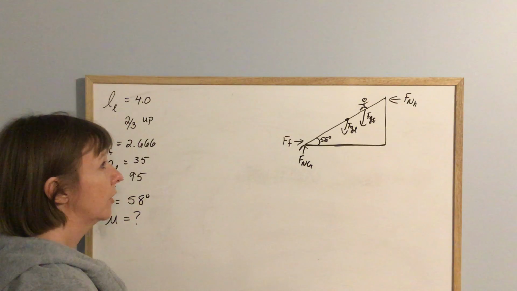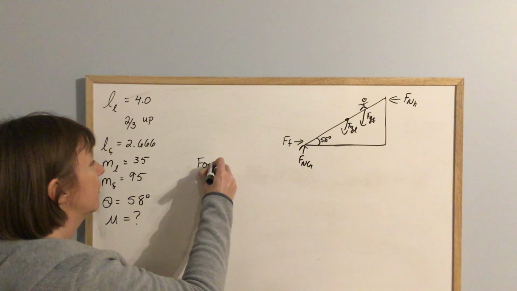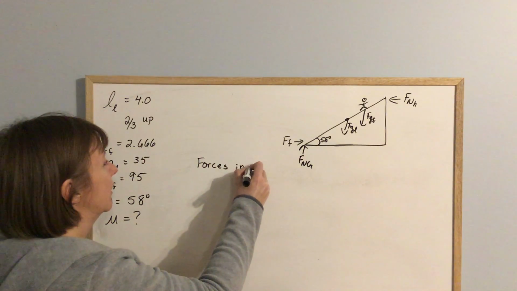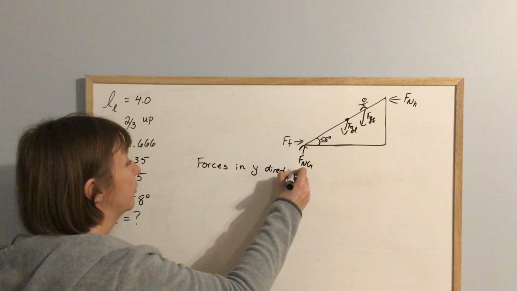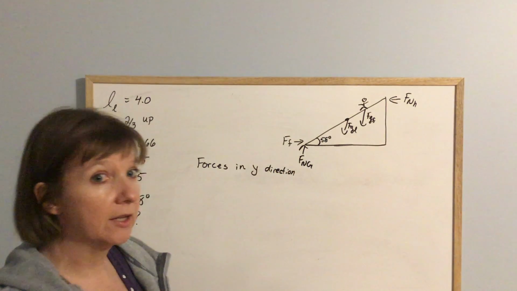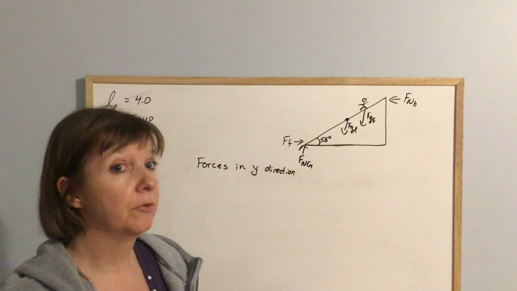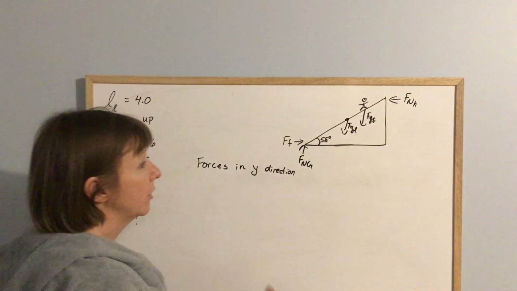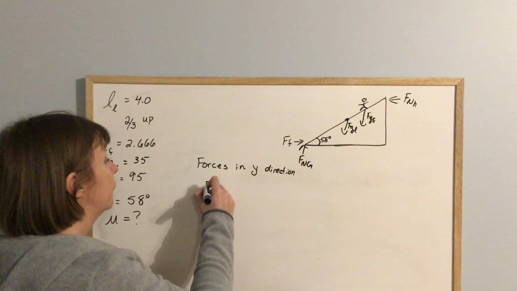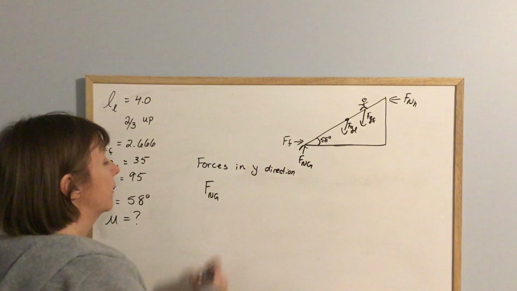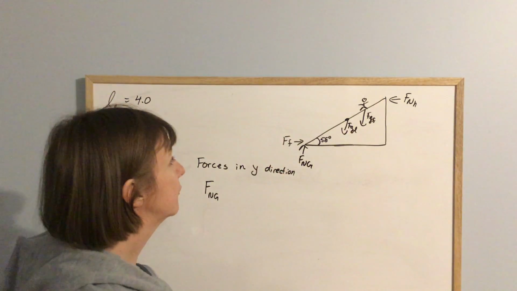The first thing we're actually going to do is look at the forces in the y direction. In other words, we're going to look at the forces going vertically, up and down. There are 3 of them. And just like always, we're going to consider up positive and down negative. So the normal force that the ground is exerting on the ladder is going up, so it's positive.